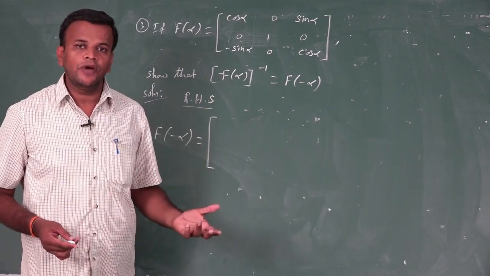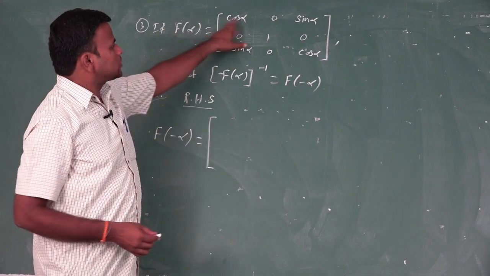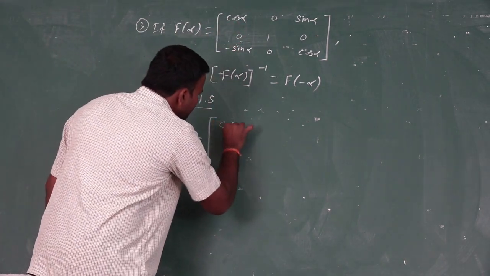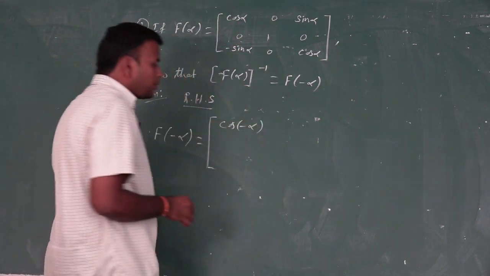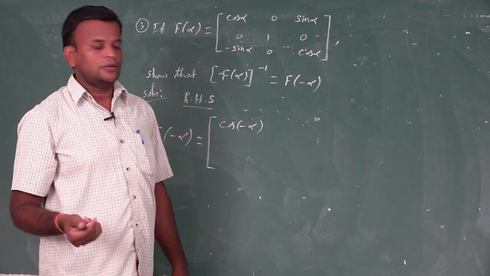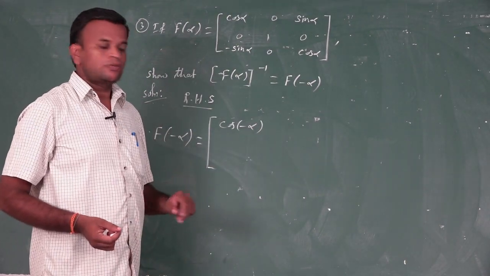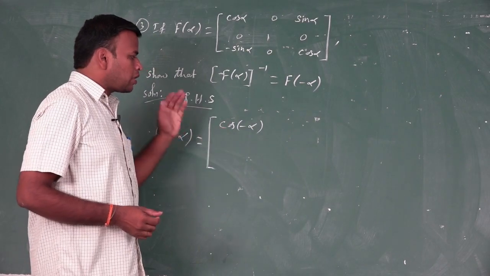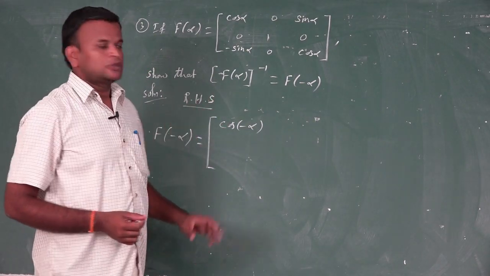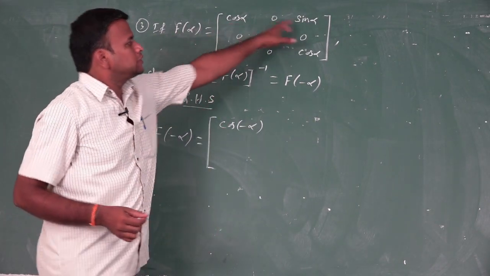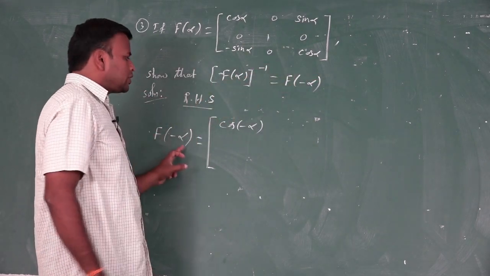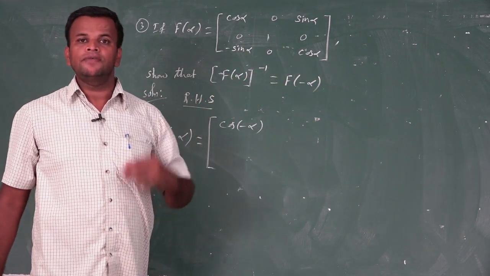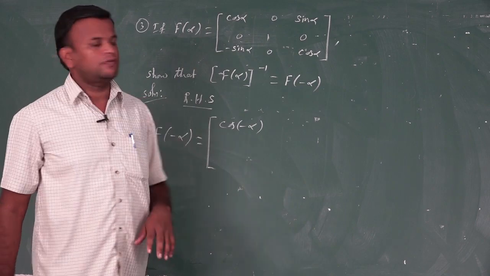So this cos alpha becomes cos of minus alpha. Important: we must keep this bracket. Suppose you don't put this bracket, it becomes cos minus alpha.